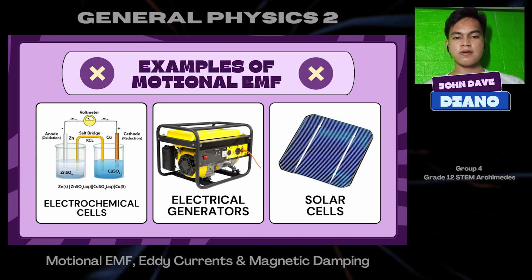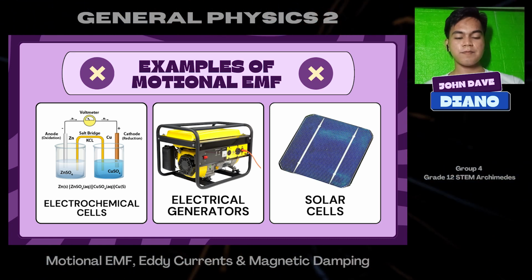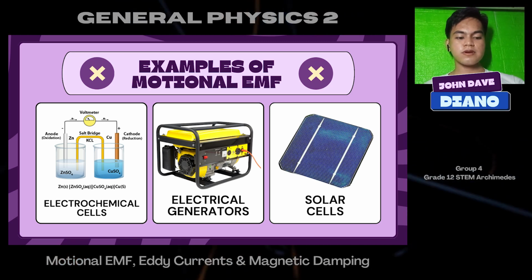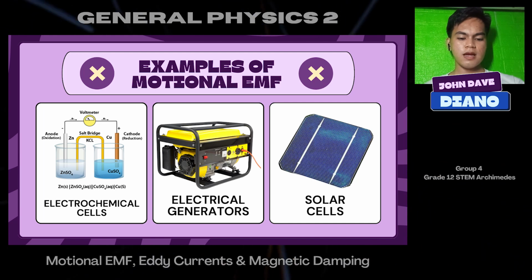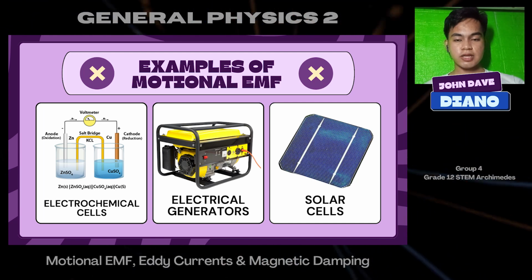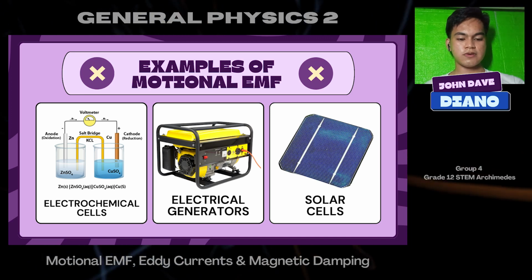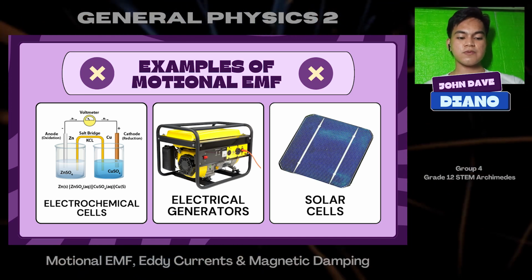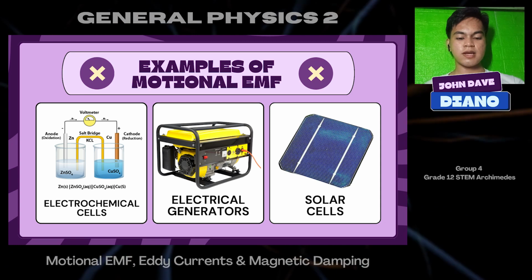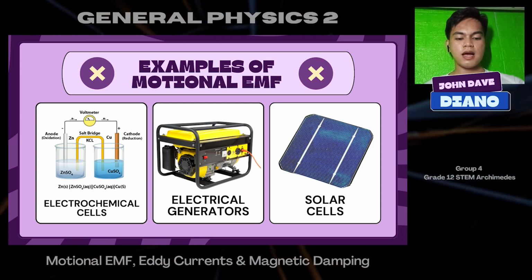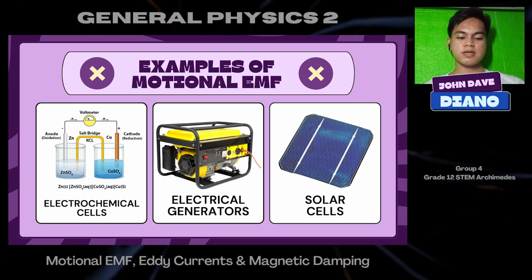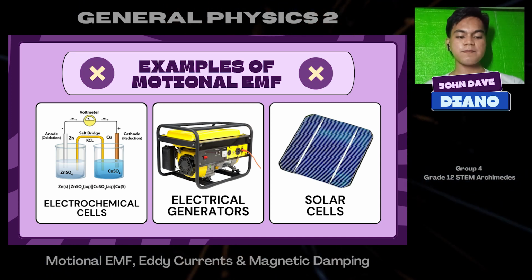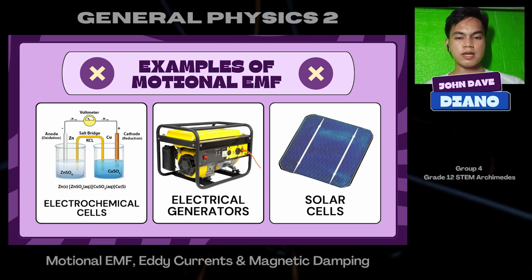Examples of EMF in real-life applications include electrochemical cells, thermoelectric devices, solar cells or solar panels, electrical generators, transformers, etc. In electrical generators, or generators in general, these are devices which convert mechanical energy into electrical energy. Ang mga ito ay nag-i-induce ng electromotive force sa pamamagitan ng pagpapaikot ng isang coil sa magnetic field.